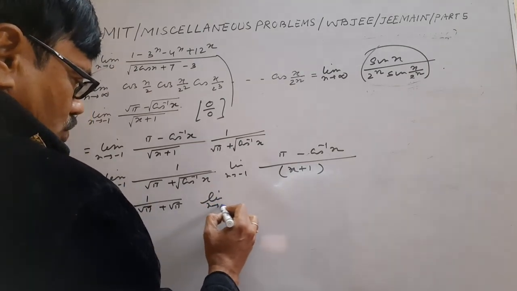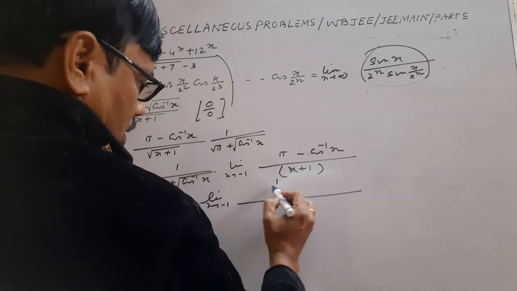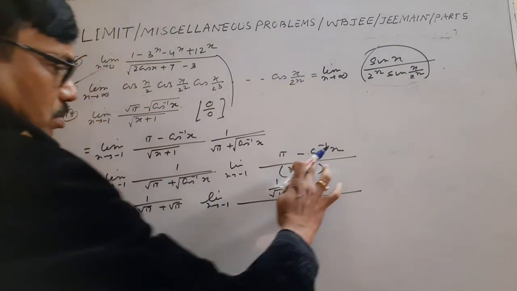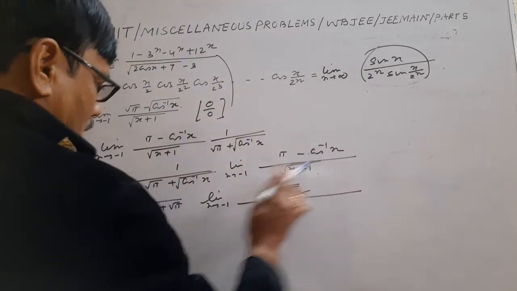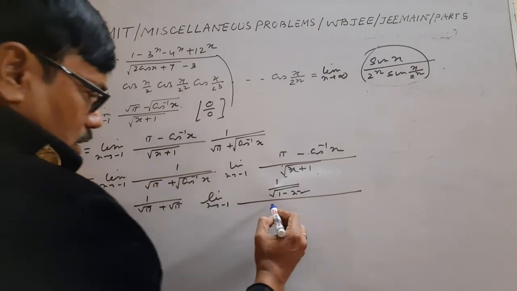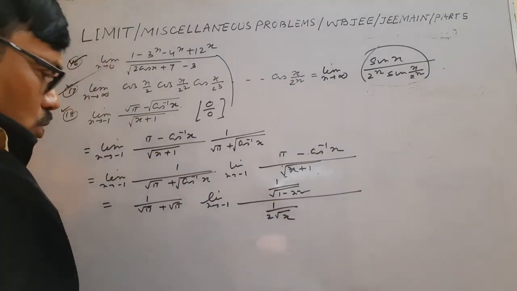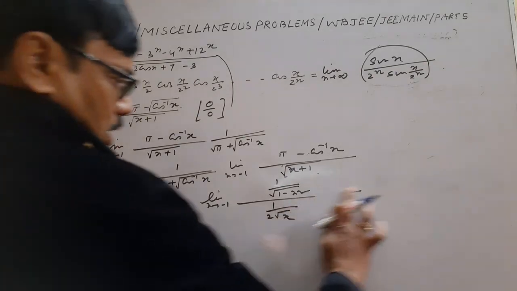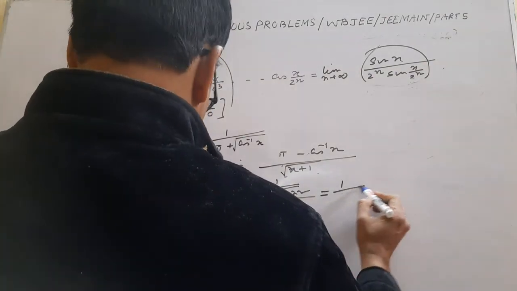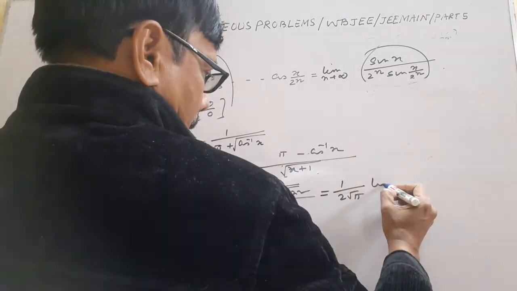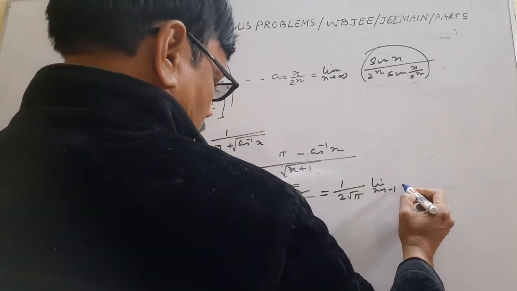Limit as x tends to minus 1 of cos inverse x, the minus is absorbed, and this is obviously within the root. So differentiating, 1 by 2 root x, and finally 1 by 2 root pi into the limit as x tends to minus 1.